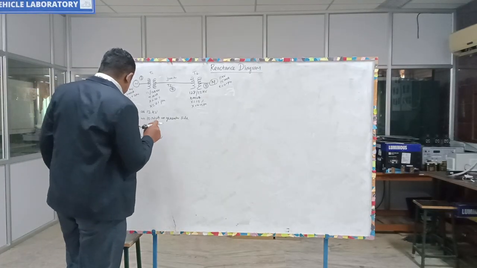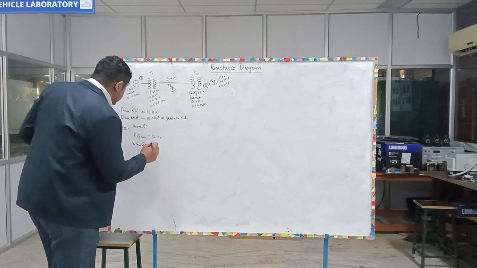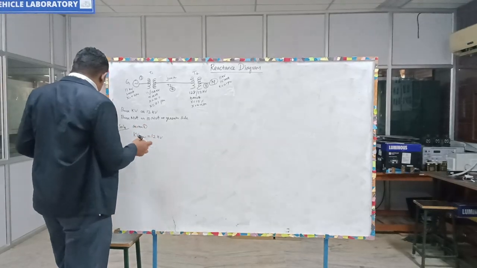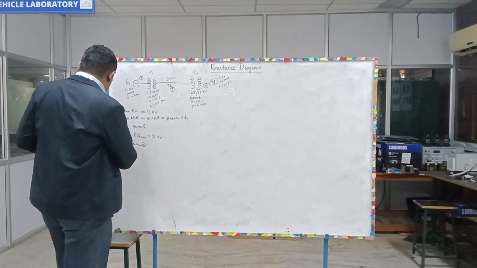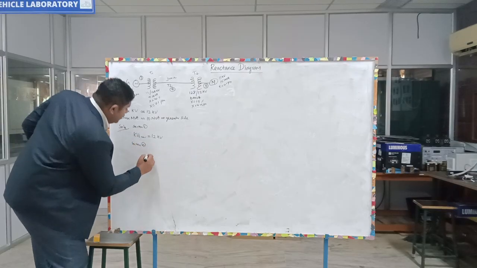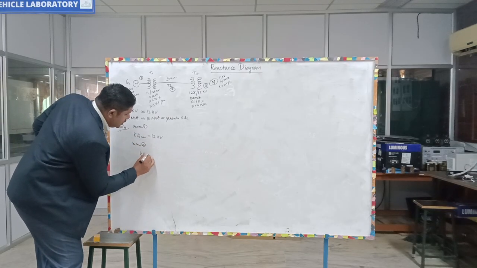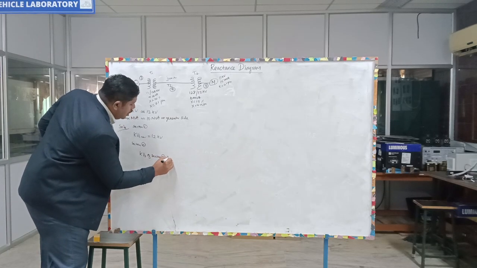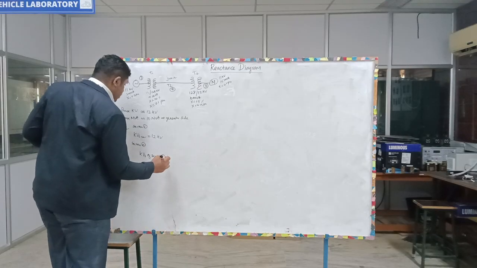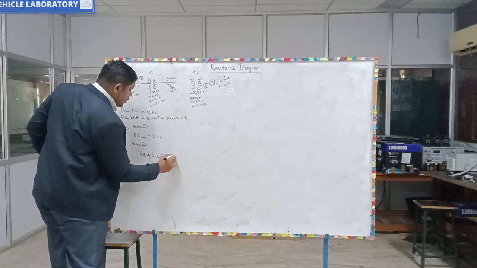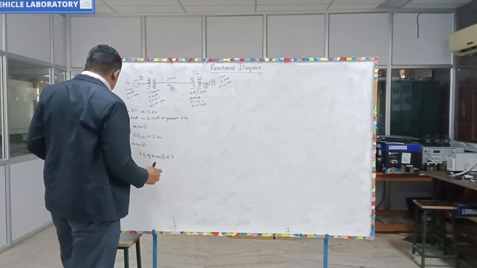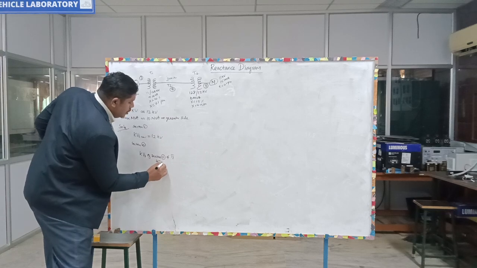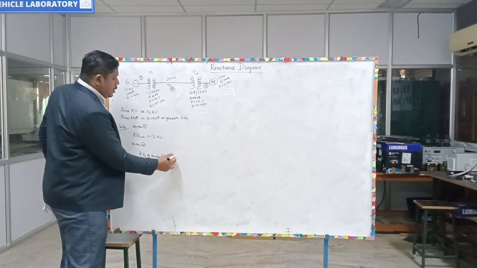So what is the formula? We calculate the kV base on the HT side of transformer T1.